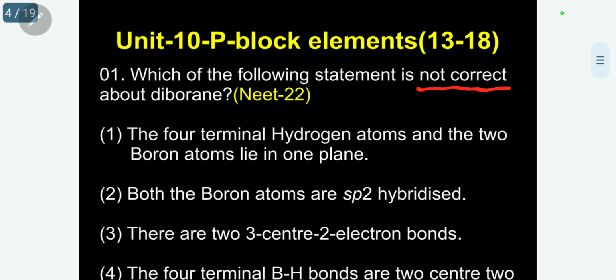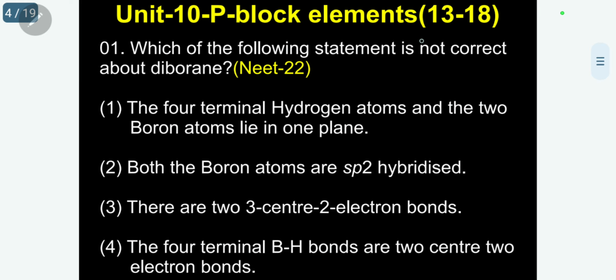2. Both the boron atoms are sp2 hybridized. 3. There are 2 center 2 electron bonds. Number 4. The 4 terminal B-H bonds are 2 center 2 electron bonds.